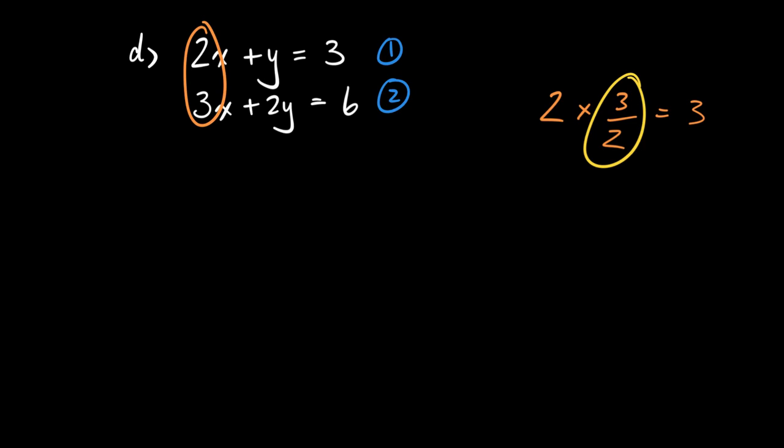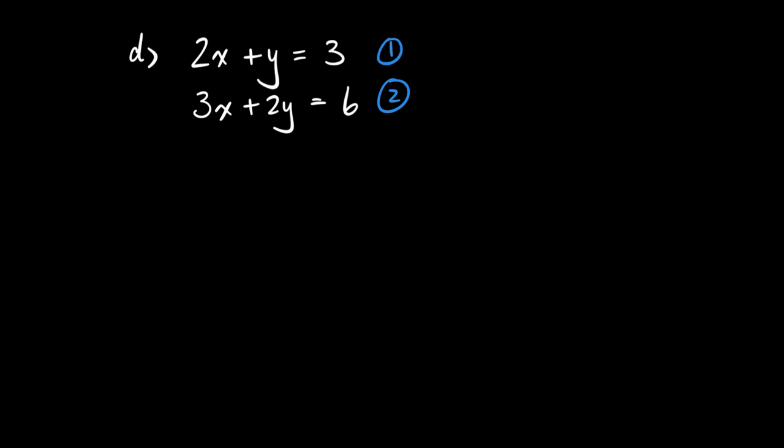So, I take a look at my two equations, and I notice that if I focus in on my y's, I could make my y's have the same coefficient. If I changed equation 1 and I doubled everything.